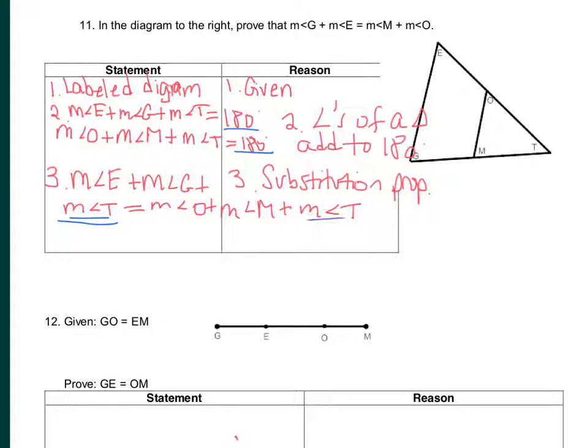T, T. Remember, when we have the same thing on both sides, we want to subtract that out. But first we have to state that the measure of angle T equals the measure of angle T. That way I can subtract it from the left side and subtract it from the right side using subtraction property.